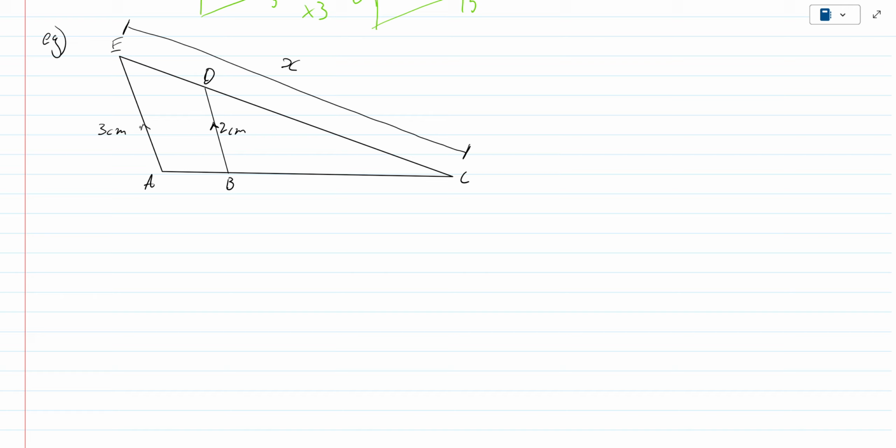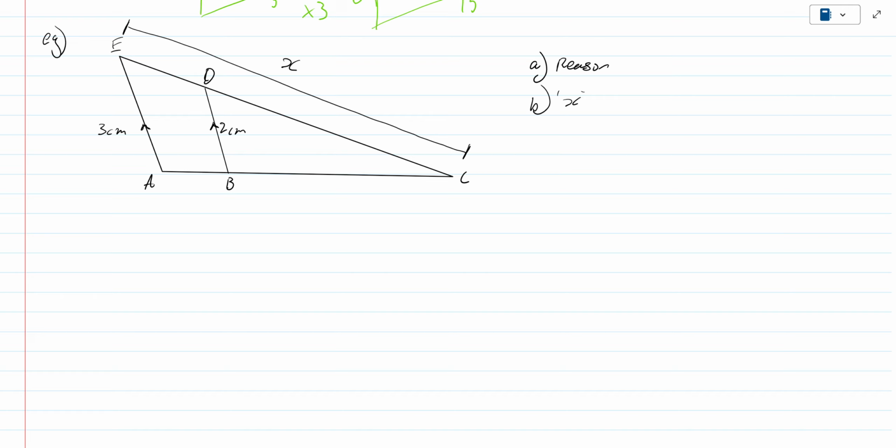We also know that these two lines are parallel. So for this pair of triangles, we're going to do two parts. A, give a reason as to why they're similar, and B, find the value of X.